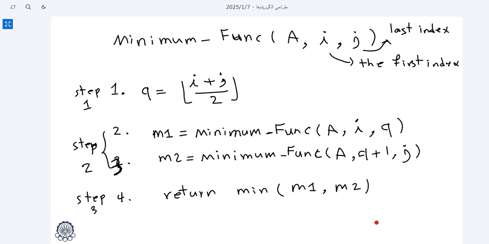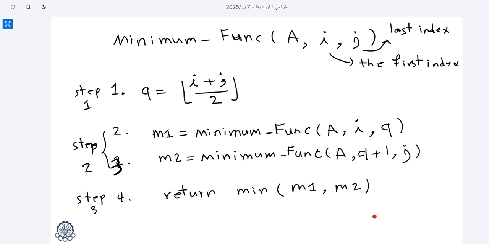So here we designed an algorithm that finds the minimum of an array using the divide and conquer approach. In the first step of the approach, we divide the problem; here we just compute the middle index. In the second step, we call our algorithm for each subproblem recursively.